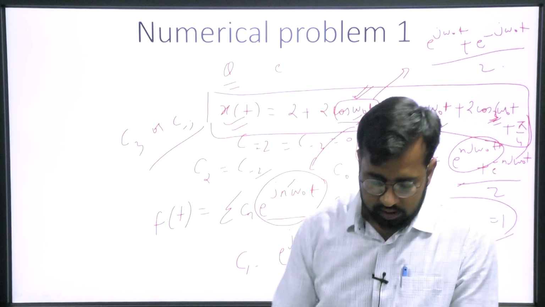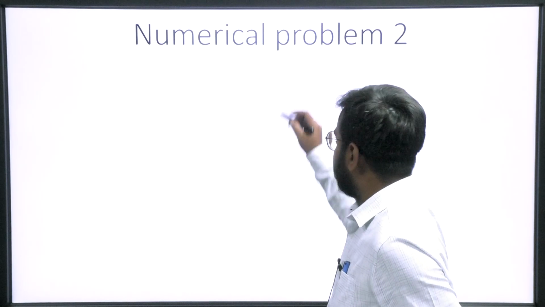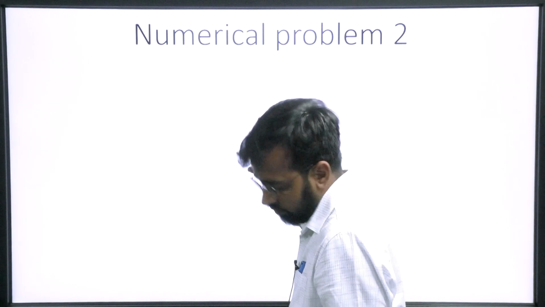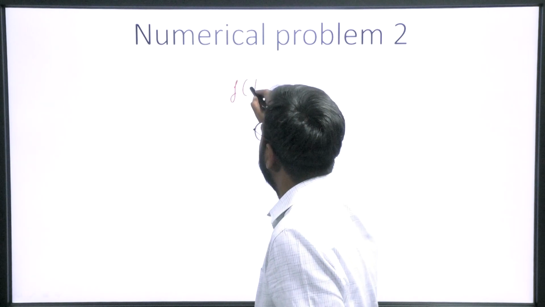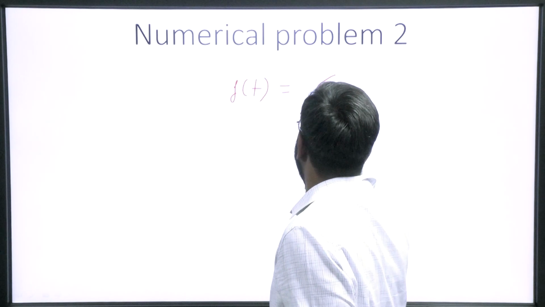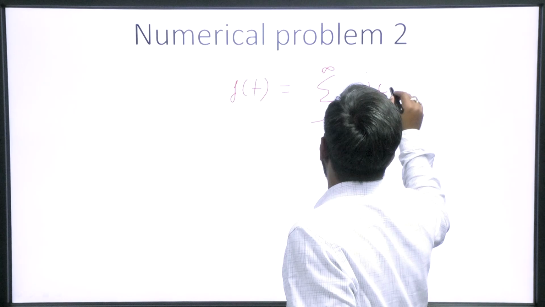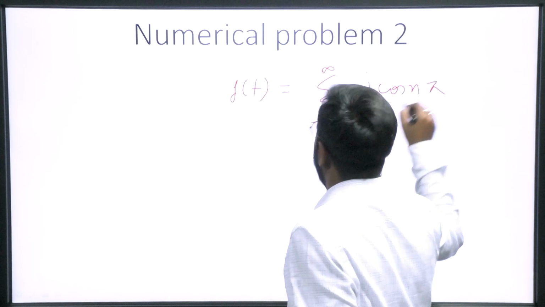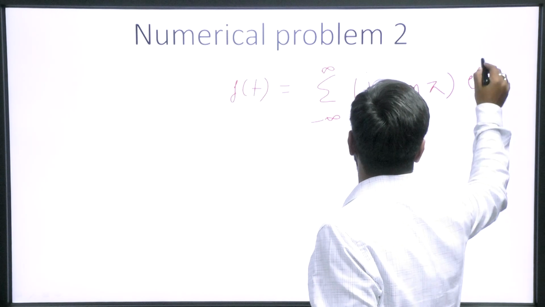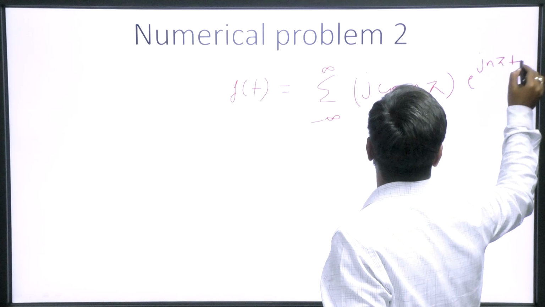Okay. Now, another problem, one more property you should remember. Suppose there is one function given, find the nature. The function is basically the summation from minus infinity to infinity of j cos n pi e^(j n pi t). Okay.